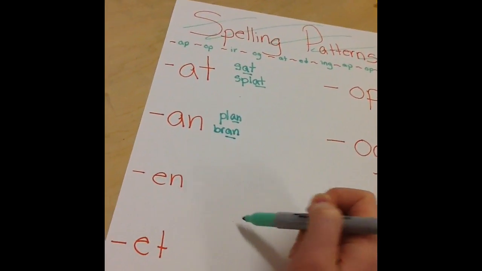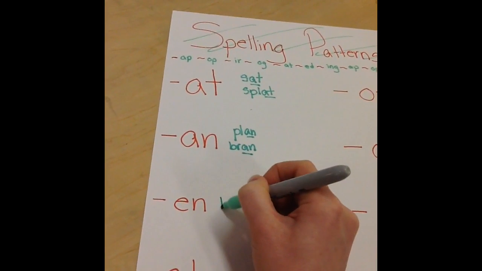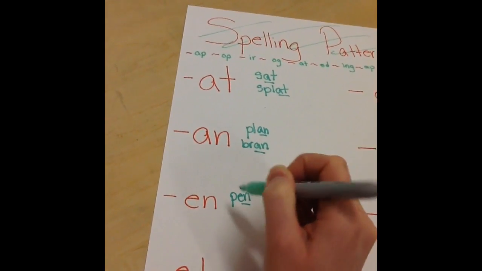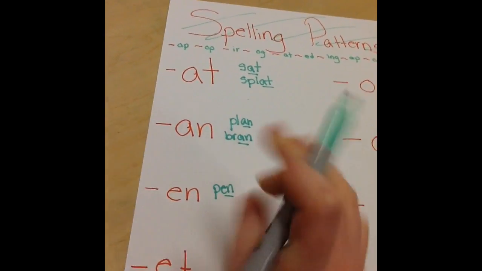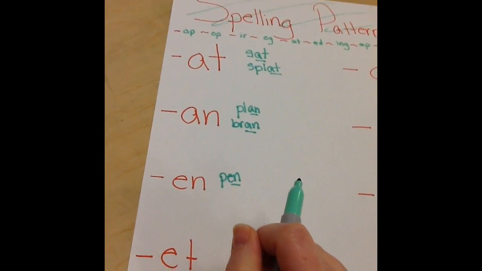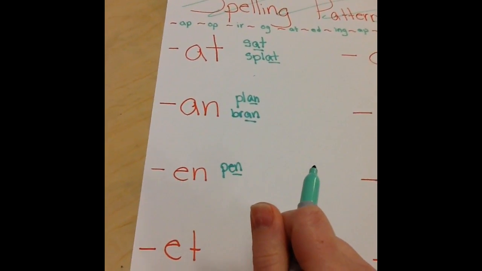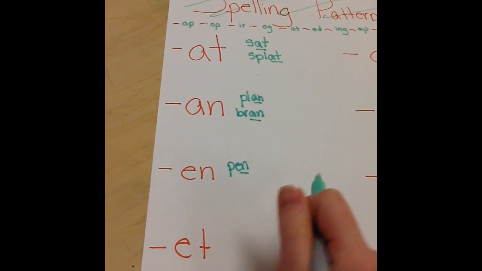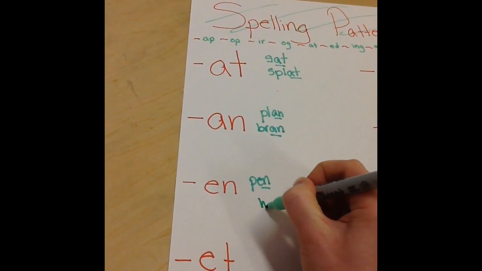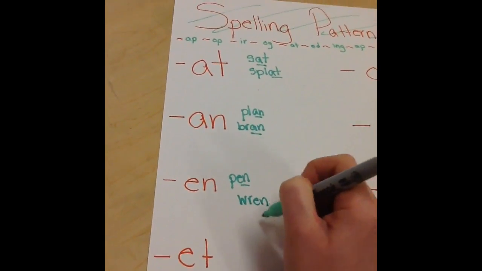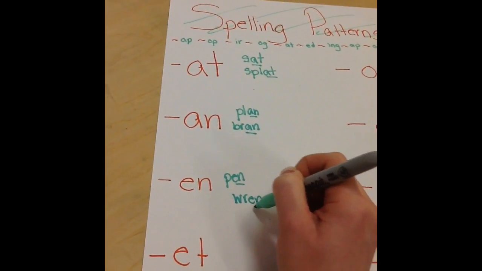What about en, like in pen? Pen. Can you think of another word that has en in it? Touch your nose when you know. Maybe you thought of the bird, wren. That's a digraph, W-R-E-N.